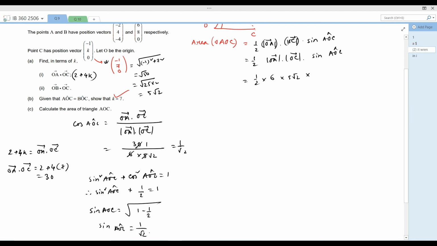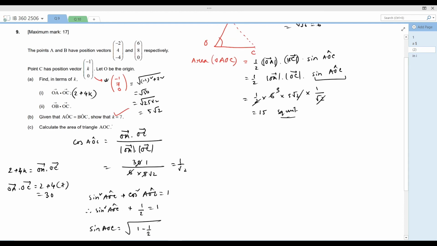So from here we are getting all the values. Now for sine of angle AOC the value is 1 by root 2, so root 2 gets cancelled. It is 3, so 15. So this is the value of the area. So it is 15 square units. We can write just to give the unit here. So the area of AOC is 15 square units. Okay, so in this way this problem is done.